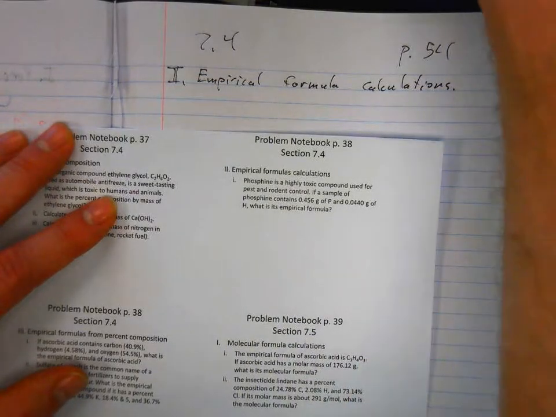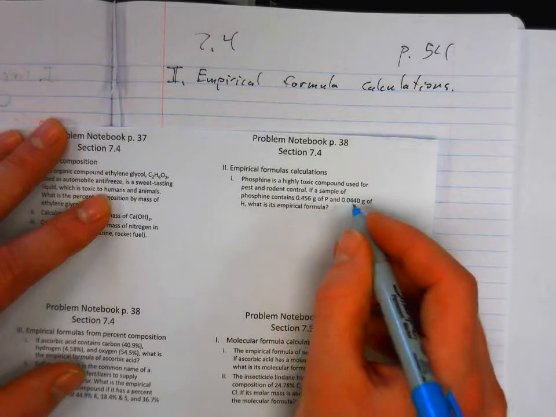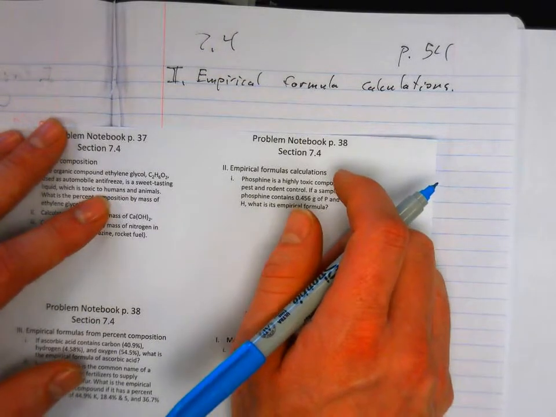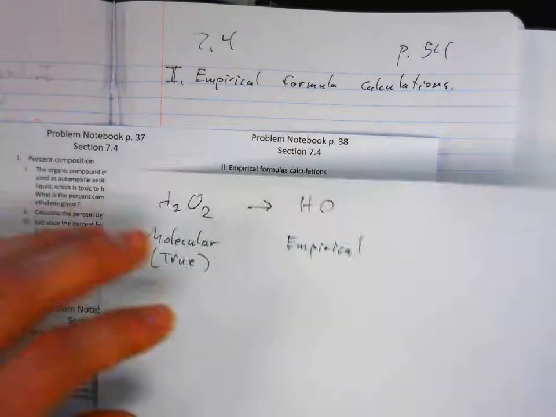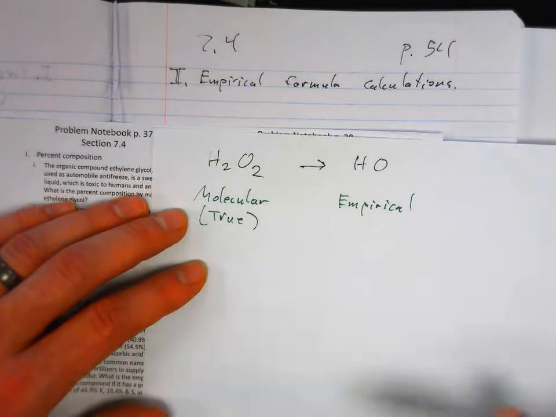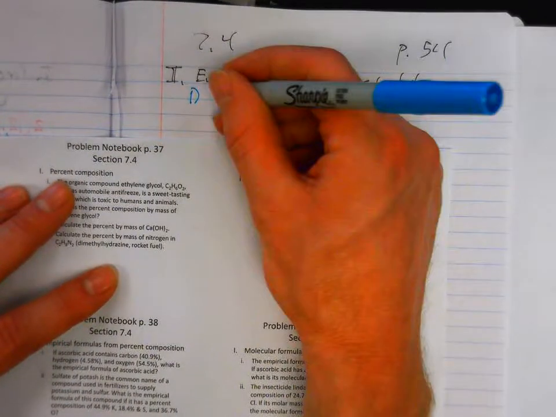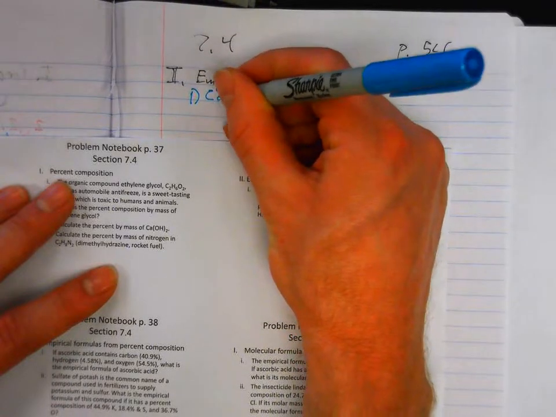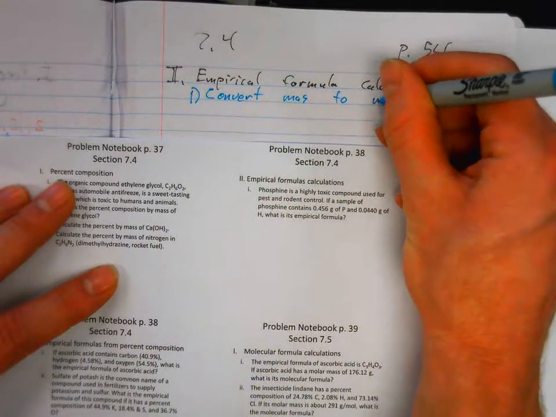Well, the first step here is we need to get these mass numbers, and we need to convert those to units of moles. Since chemical formulas are in units of moles, we'll need to convert mass to moles. So step 1, we could say, is convert mass to moles.